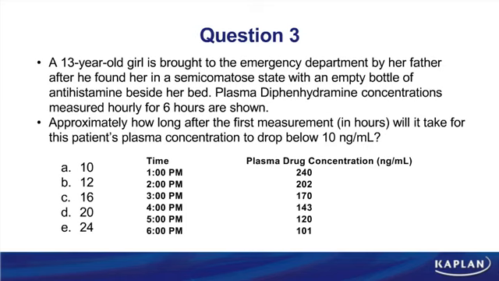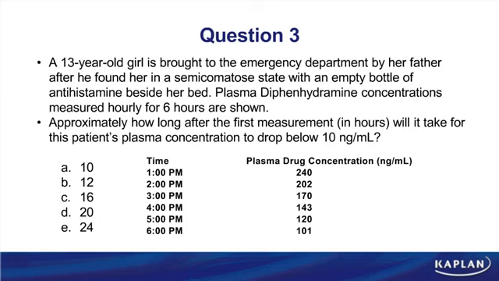In the third half-life, we go from 60 down to 30, cut that in half. In the fourth half-life, we go from 30 down to 15, but we're still not below 10, so we have to go to a fifth half-life in order to go below 10. The fifth half-life takes us from 15 down to 7.5, so it's going to take us 5 half-lives to drop below 10 nanograms per mil.